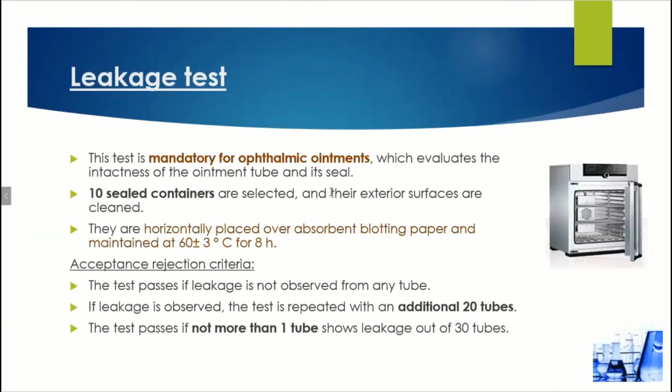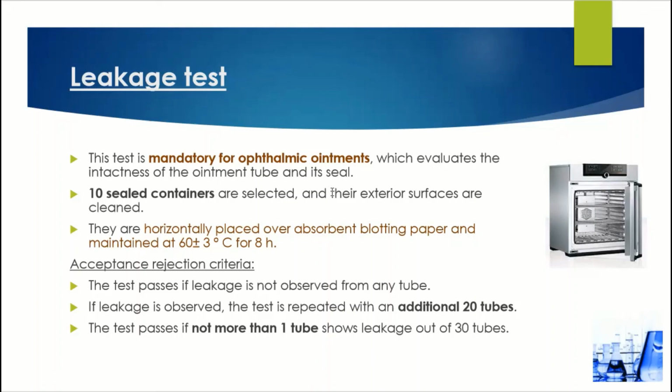Then the last test is the leakage test. It is a very simple test, in which we invert the containers. It is also a test for ophthalmic ointments. We invert the containers of the ointment and check whether their seal is intact or not. Because if there is an ointment in a tube, it is covered with aluminum foil.